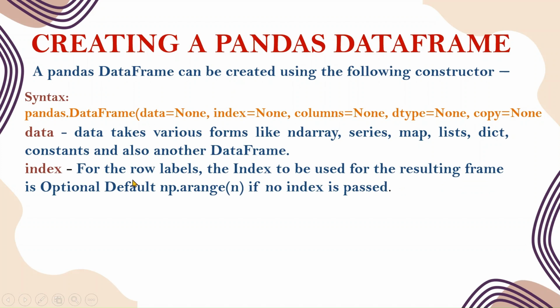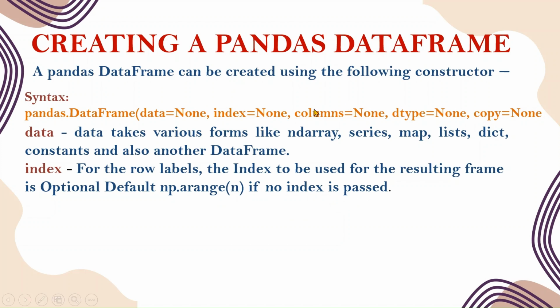Then index, for the row labels. The index to be used for the resulting frame is optional, and the default is np.arange(n) if no index is passed. As I was mentioning, every row has some index value to identify it.